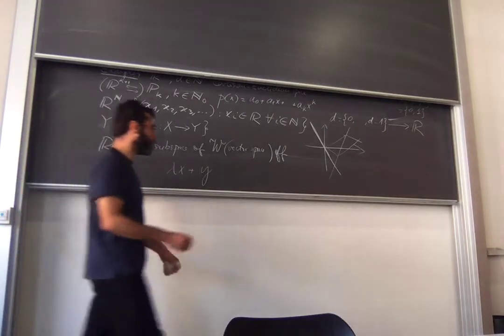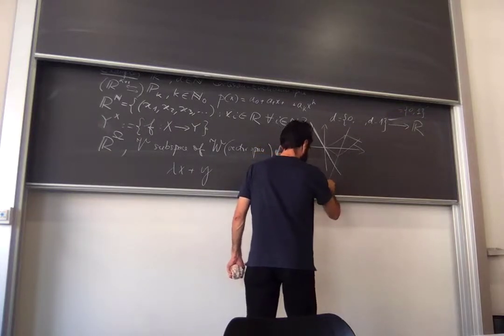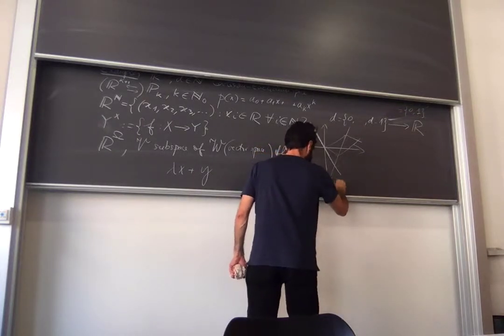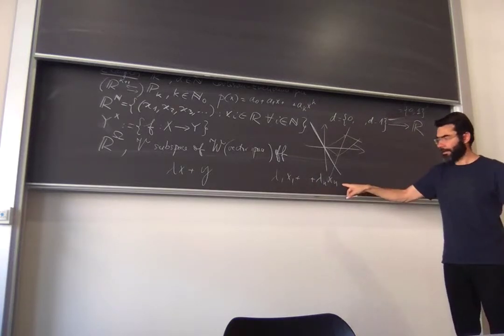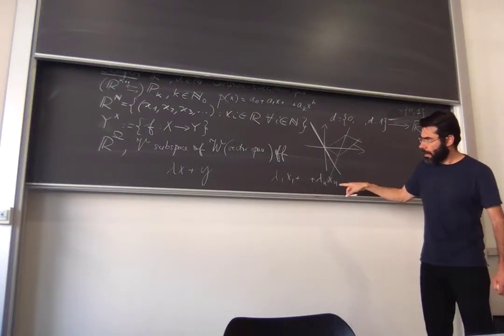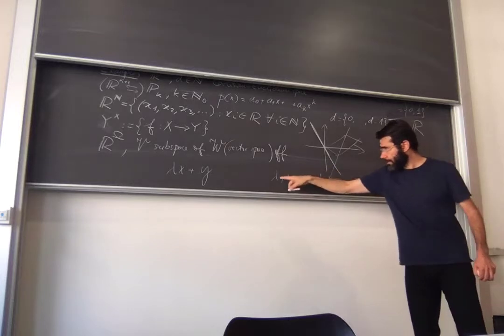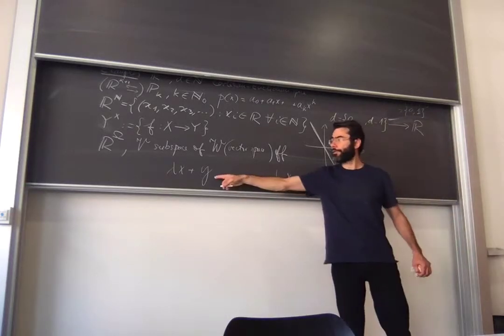Suppose you want to generate this. So this is a linear combination. This is the most general way of writing a linear combination. It's finite, it stops at some point. But all these linear combinations can be generated by the simplest move that you can do, this one.